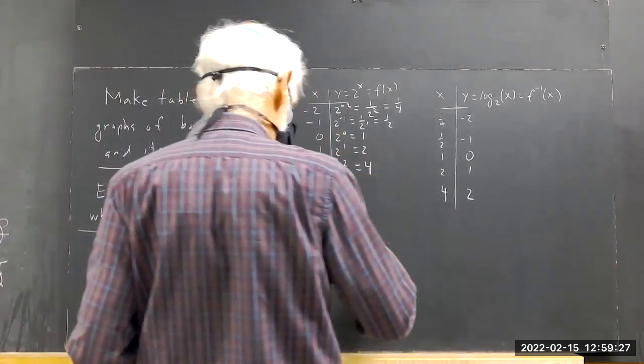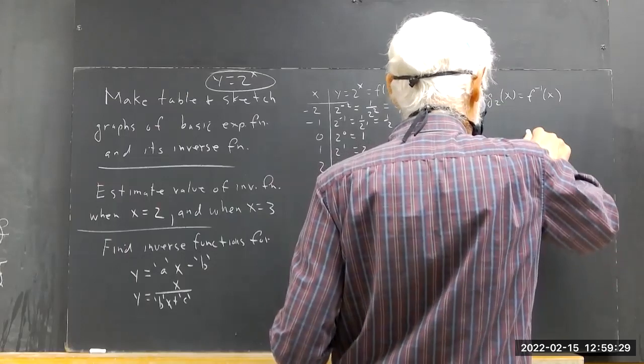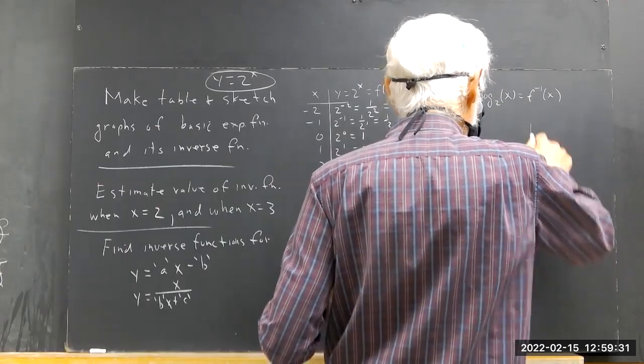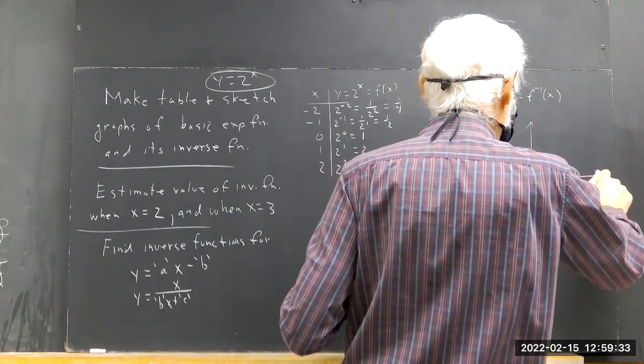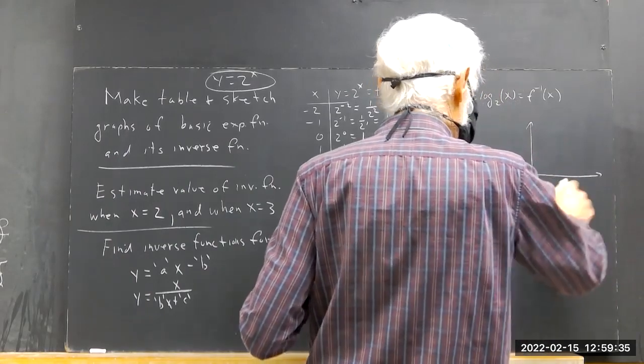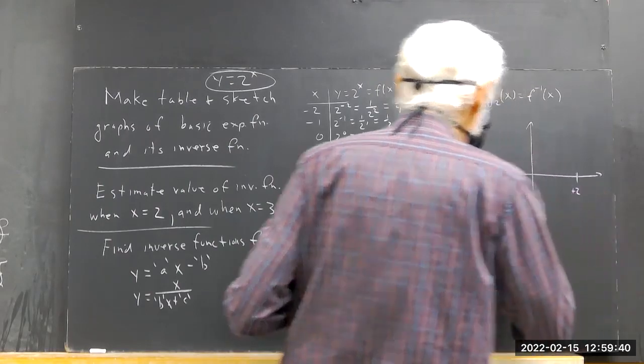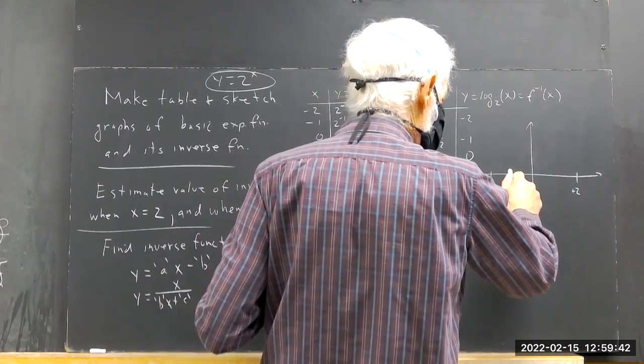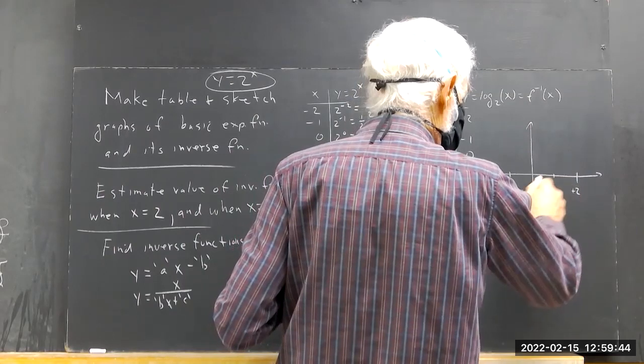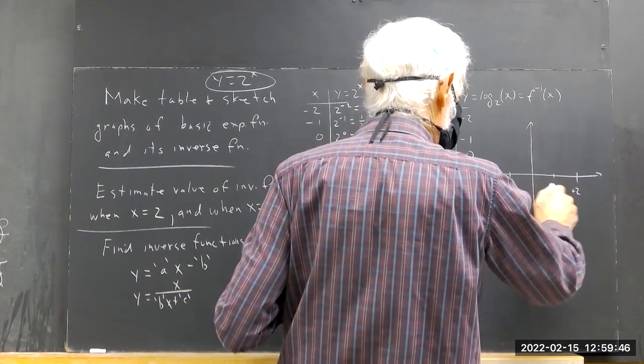So now we can draw a graph for both of these functions. I'll do that. And we've seen the graph. Again, when we do the graph of a basic function, from negative 2 to 2, we subdivide this interval to get us negative 1 and 1.